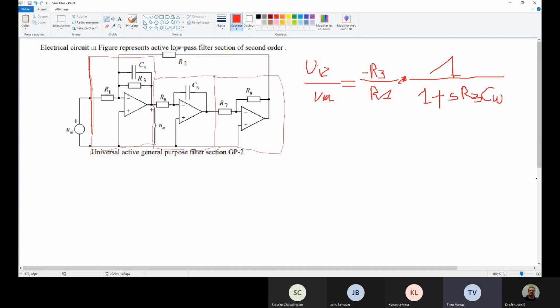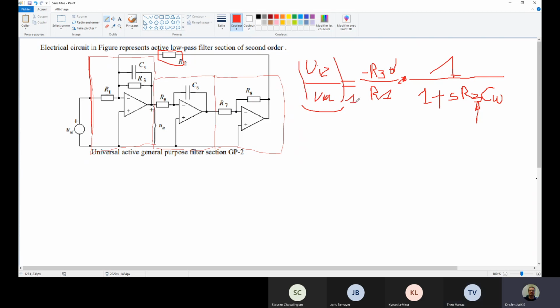And I have a question with R2. Where does it come in? I don't know if I just had to put it there or if I had to include it too. No, you just write another expression. Call this one, which you already wrote, U is over UL1.